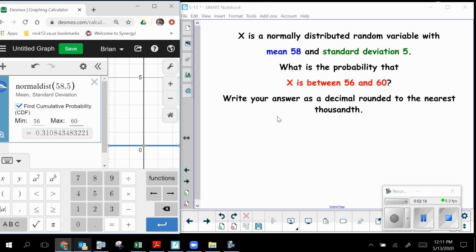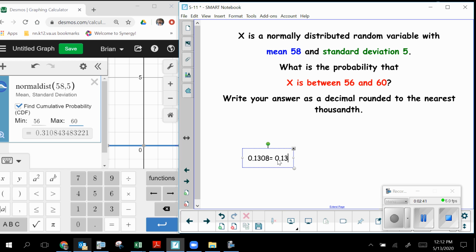And of course, this problem is asking us to round our decimal to the nearest thousandth, which is 3 places. We're looking at that 8 to see should we round up or down, and so we're going to round up to 0.131. That would be our probability rounded to the nearest thousandth.